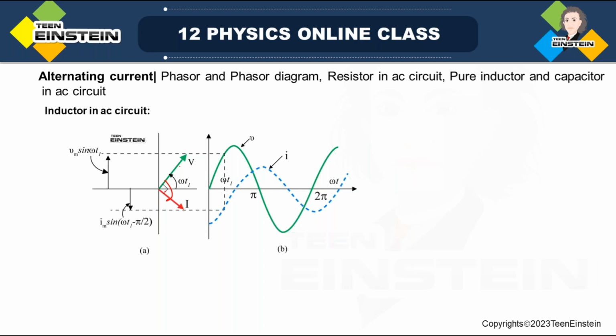In the case of an inductor coil, the current is lagging behind the voltage phasor by 90 degrees. So the angle between them is omega t minus pi by 2. This is the voltage phasor, and this is the current phasor.